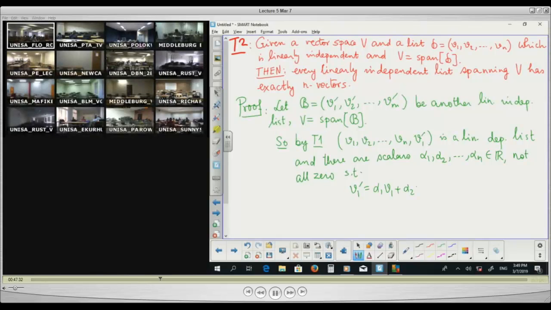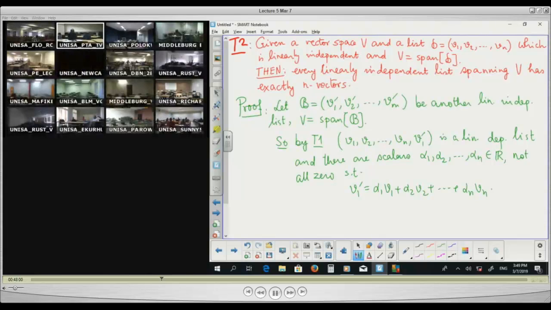Sorry, sir. So what do I do now? Excuse me, sir. Yes? On the proof, when you say let V1 prime, V2 prime, Vn prime be another linearly independent list, and then you say, in other words, V spans that vector space.